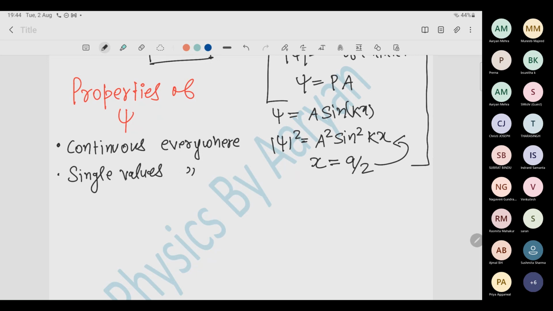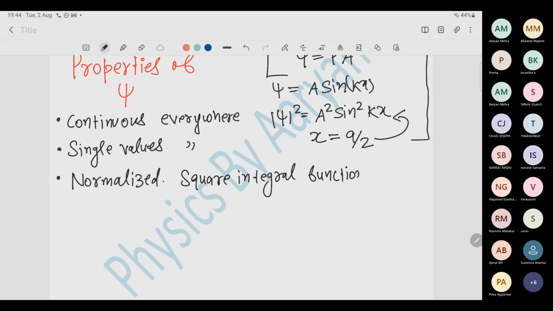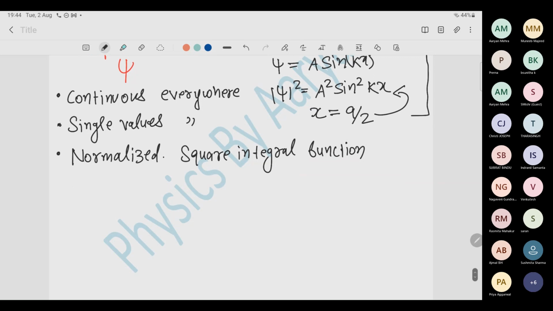Then the third property is that it must be normalized, or we also call it square integrable. So what are these three things? Why must our wave function be continuous, my friends?